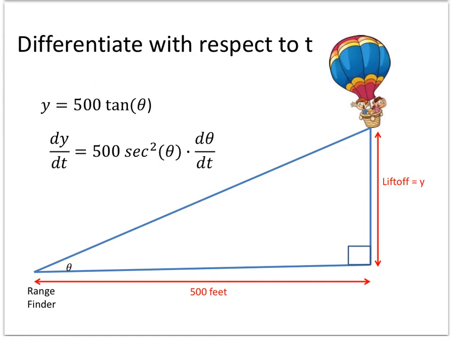All right, so here is my equation. My change in y over change in time. This is what's changing. This balloon is rising. Equals, this is just a constant. The derivative we just said of the tangent is secant squared, and then times the derivative of the inside. So this is this implicit stuff basically, because there is no t here, so times d theta dt.